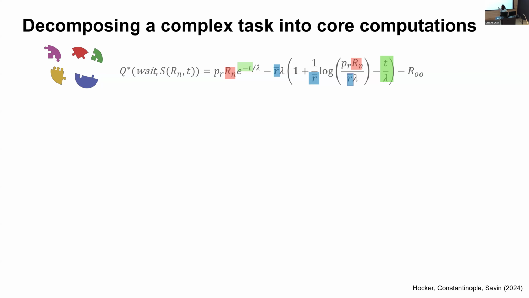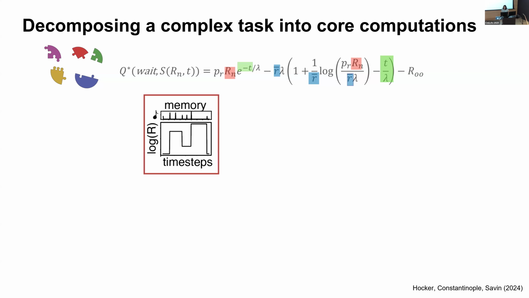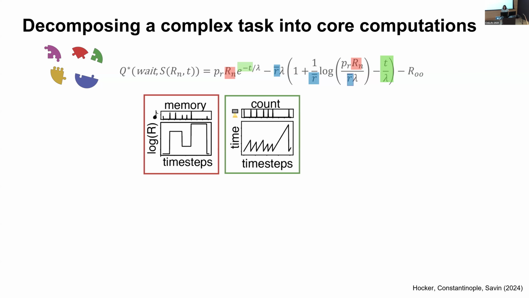So we decided that these are useful subcomponent tasks that we can train separately with supervised learning objectives. We have a little memory task where we train the RNNs to keep inputs in memory for a while. We have a counting task, which increments over time, so it's a passage of time kind of task.